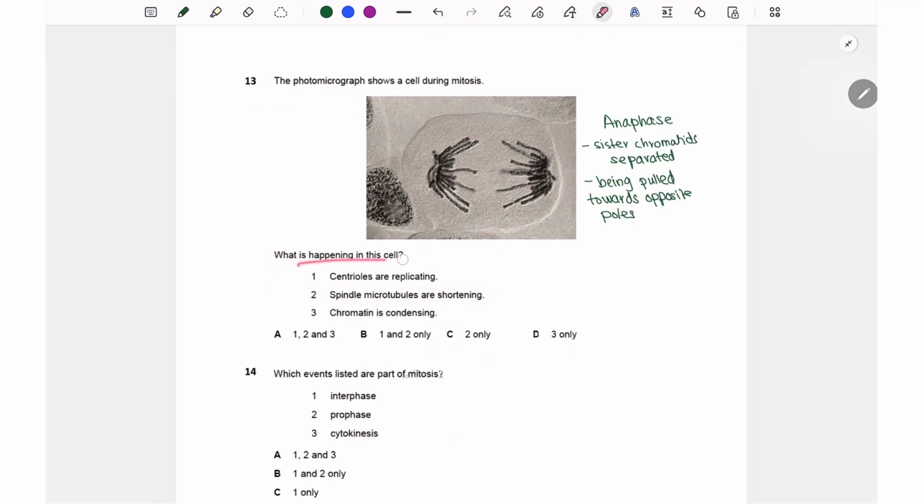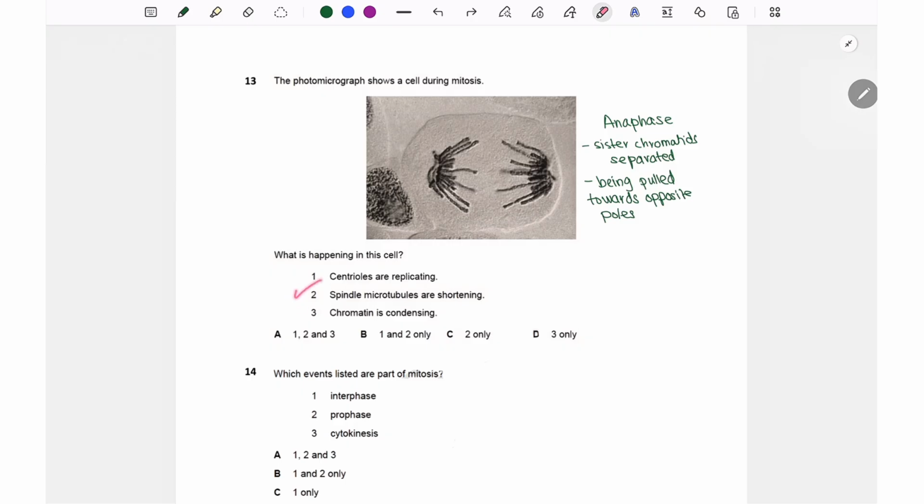Now, what is happening in the cell? Centrioles are replicating. This is not happening because DNA replication and centrioles replicating happen during the S phase of interphase. So this is mitosis that we are talking about here, so this is not going to happen. Spindle microtubules are shortening.